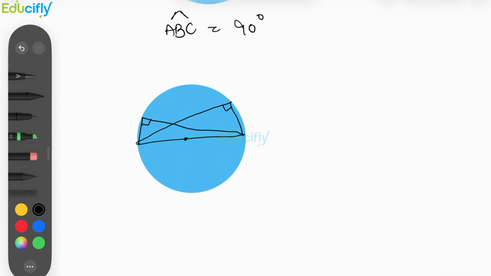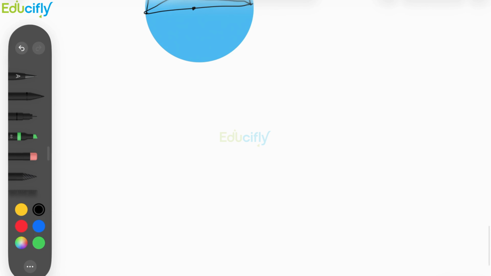It doesn't depend on the vertex; it depends on being in the semicircle. If you're drawing any angle which joins the diameter's endpoints, that makes a 90-degree angle. That's an easy statement. Now let's take the second property, which is the radius tangent theorem.